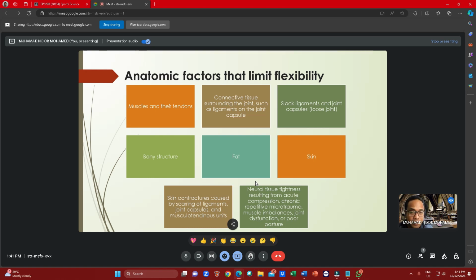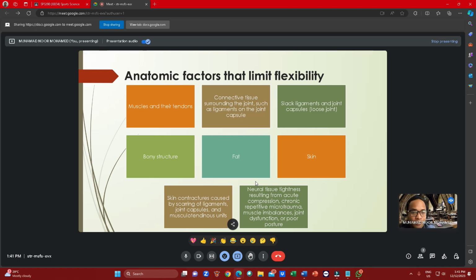We need to have good flexibility towards the knee because, one, with good flexibility we can do a large range of motion. Secondly, when all those parts are not stiff, meaning they are quite flexible, we can reduce the tendency to get injured.